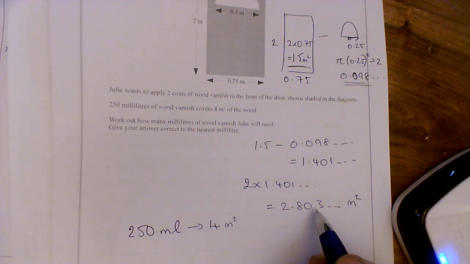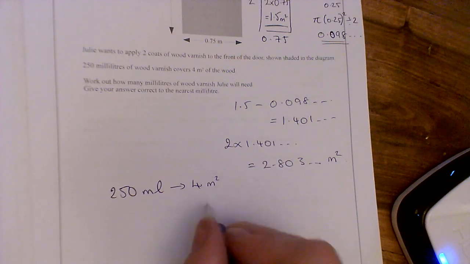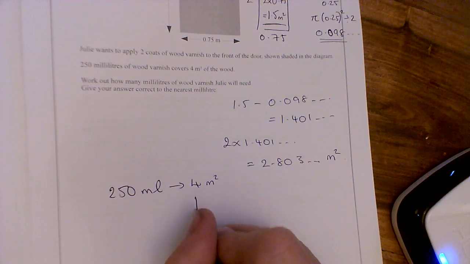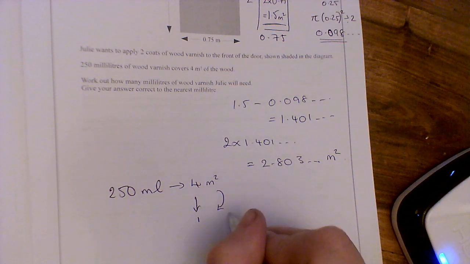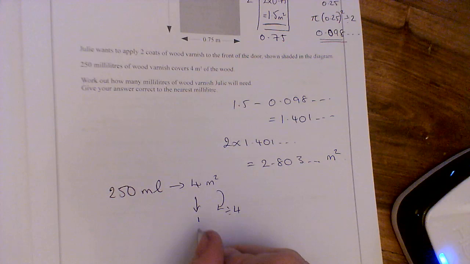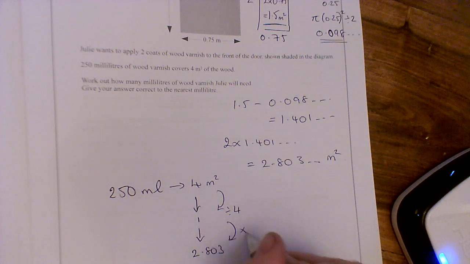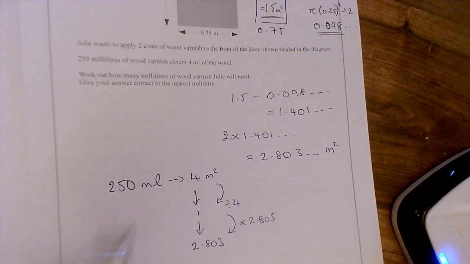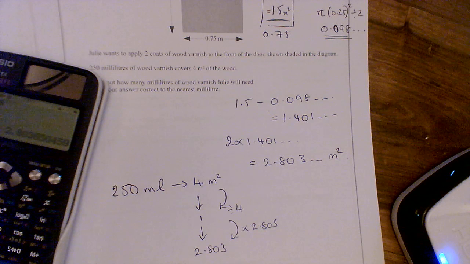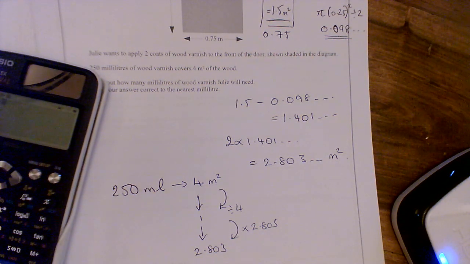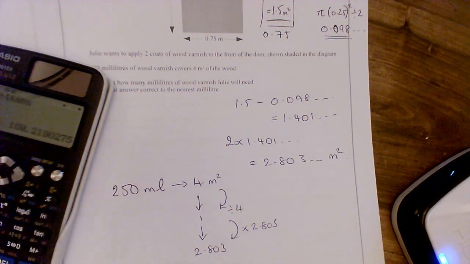Now I want to get to this number of meters squared, so what I'll do is I'll get down to 1 by just dividing by 4, and then get to our number 2.803 by multiplying by 2.803. So I'll do that to the 250. So then I've got 250 divided by 4 multiplied by the last answer, and I get 168. Hang on, I messed up somewhere here.